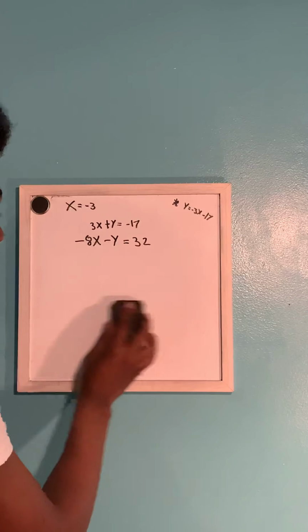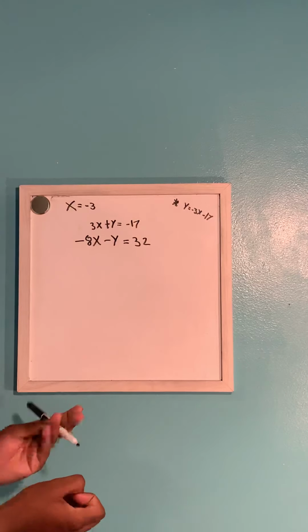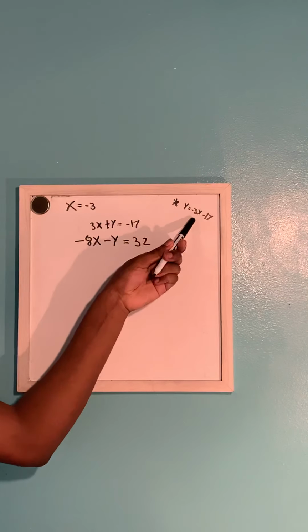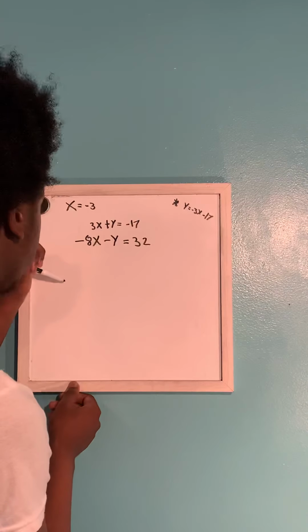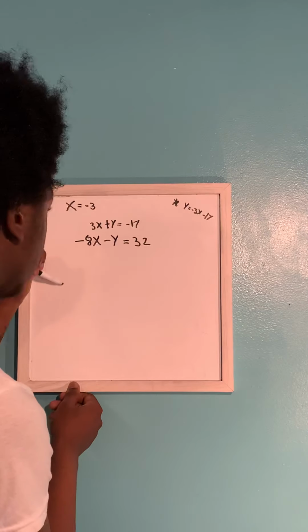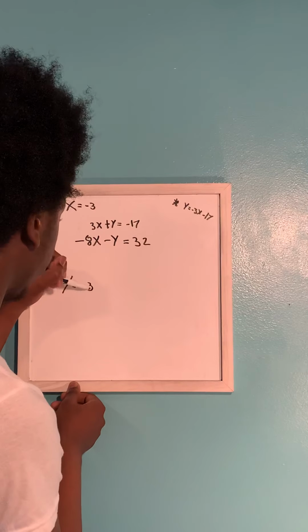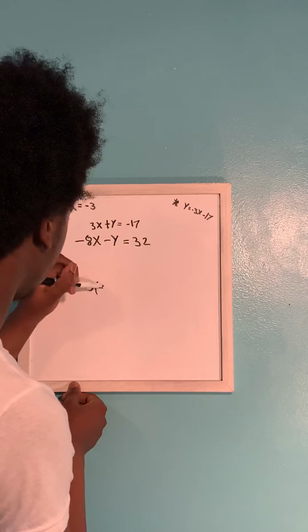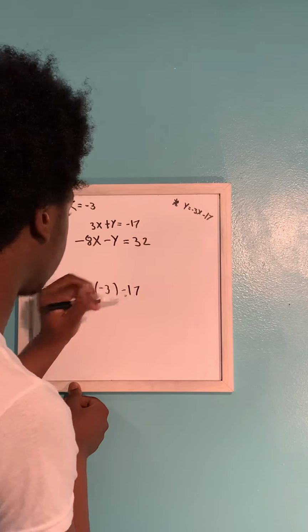So now, since we have x, we need to find y. So we're going to go back to our first equation and plug in the negative 3 for x. So it'd be y equals negative 3 times negative 3 minus 17.